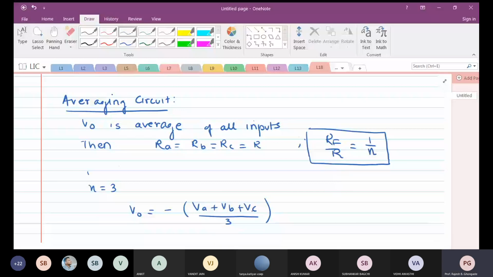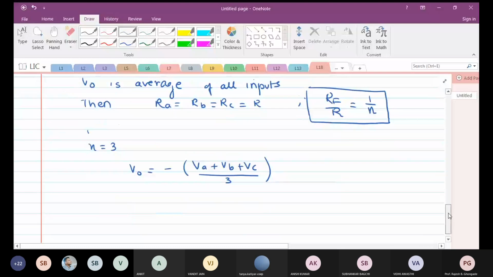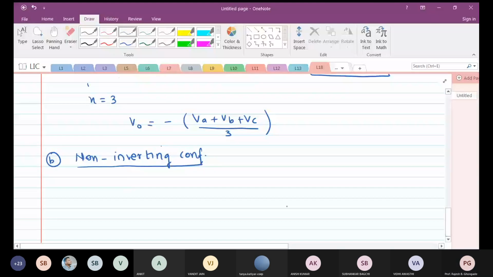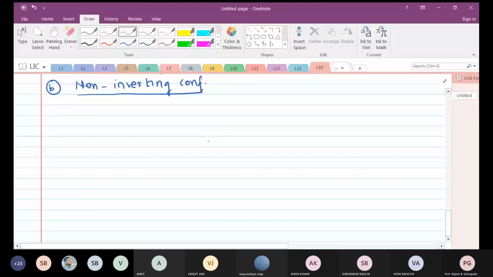All right. So let us move ahead with the next configuration. That is the non-inverting configuration of this summing amplifier. So let me draw that configuration first of all.